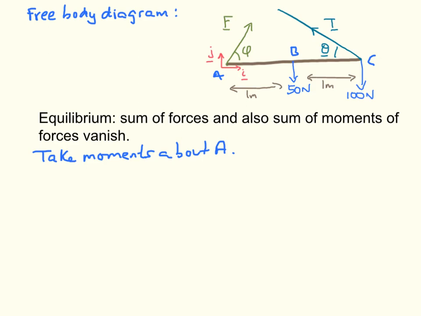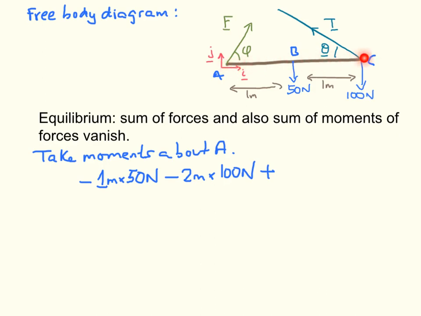So the negative components first, we have minus 1 meter times 50 newtons minus 2 meters, because that is the total distance, times 100 newtons. And then we add the positive component from here.